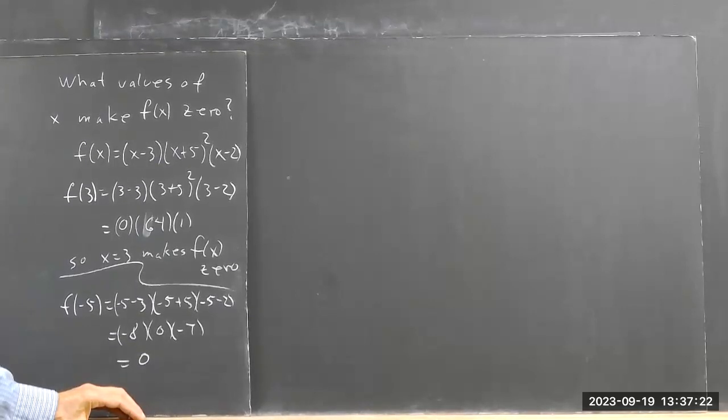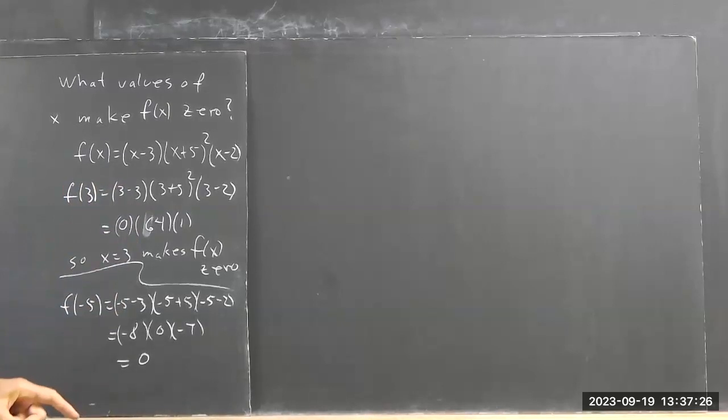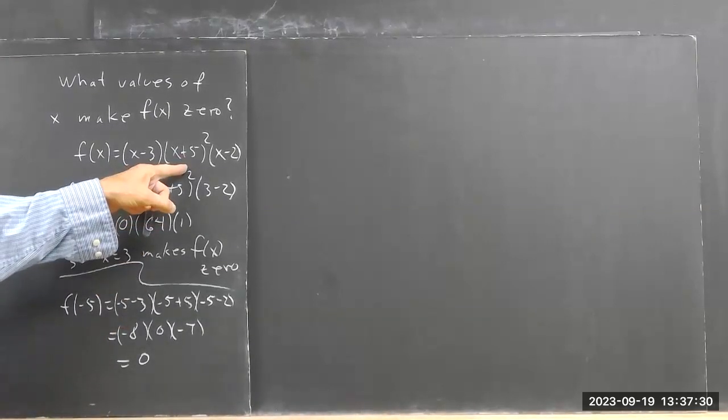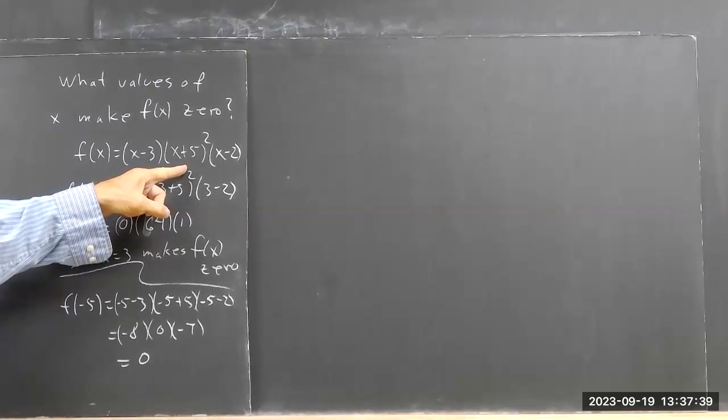Another thing is, near the point where x equals -5, this graph behaves like a squaring function. It behaves like a multiple of the squaring function, shifted 5 units in the negative x direction.